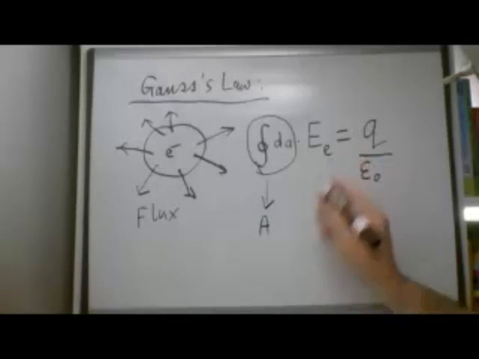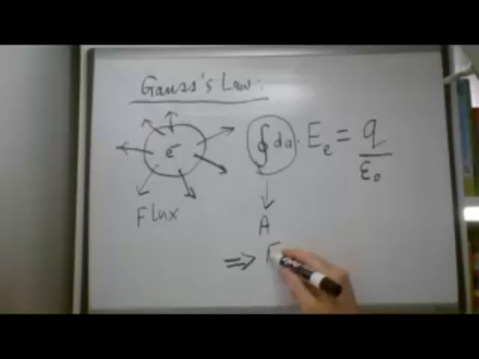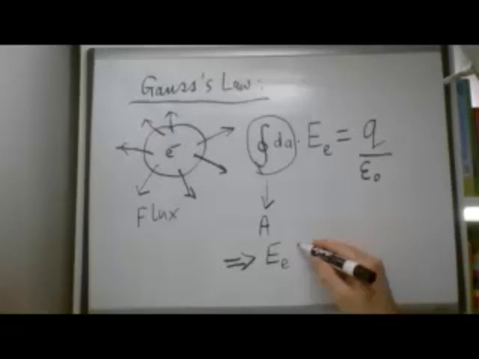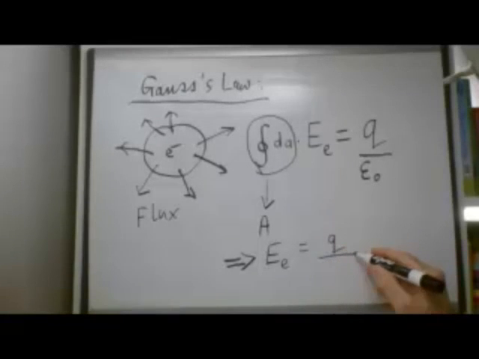Okay, so if we rearrange this equation, we rearrange Gauss's law, basically what Gauss's law says is that the electric field of the electron inside the cavity is equal to the charge placed inside the cavity. We take this downstairs now.